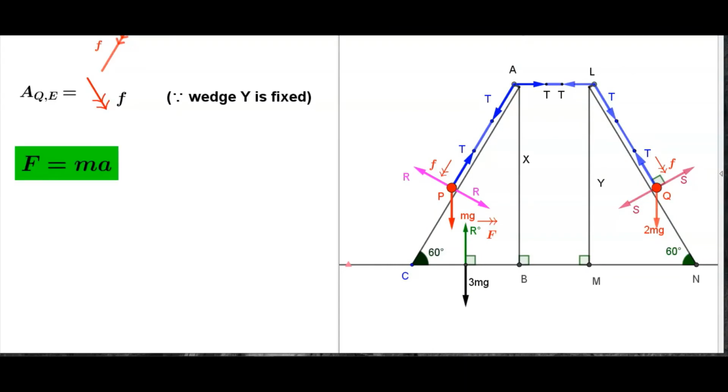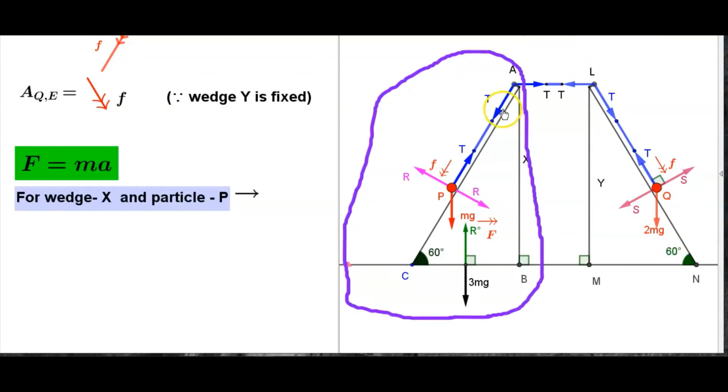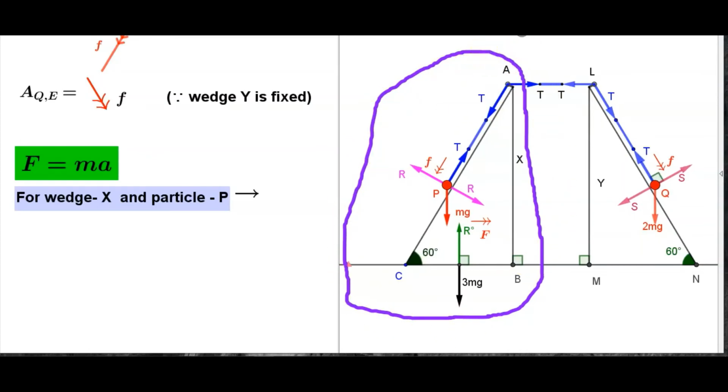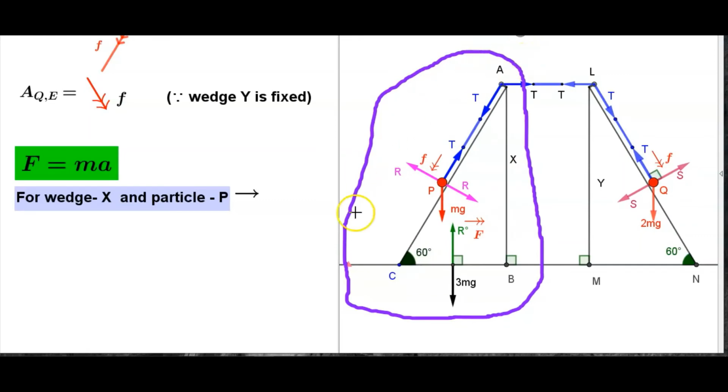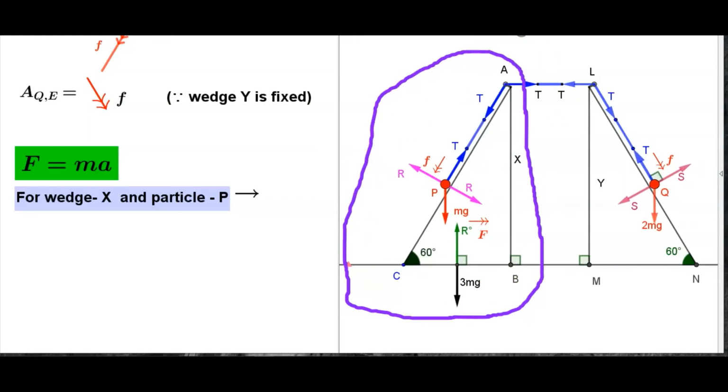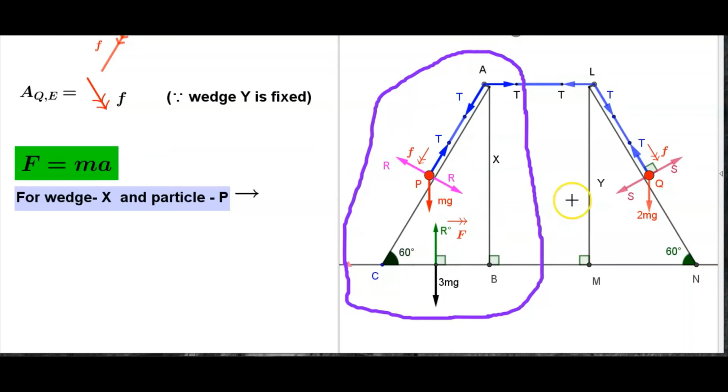Now we use Newton's second law, F equals ma, for the wedge and particle P together. What is the resultant force in the horizontal direction?